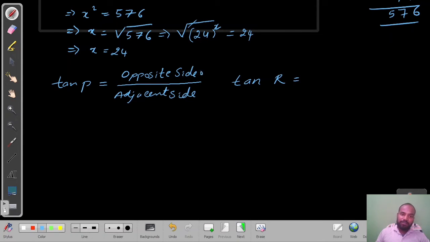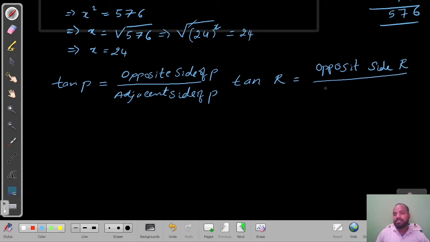Tan P is the opposite side of P by the adjacent side of P. Tan R means the opposite side of R by the adjacent side of R. It is very important here.